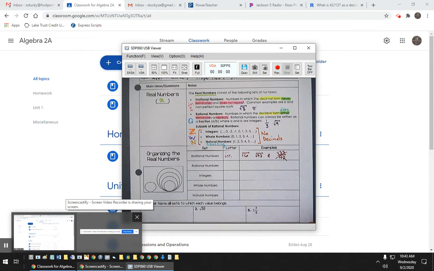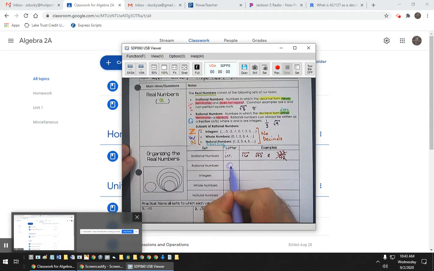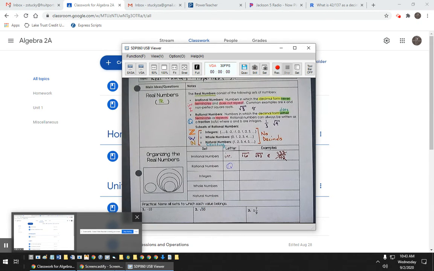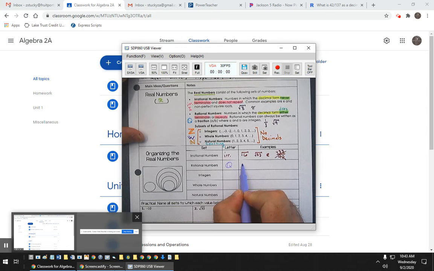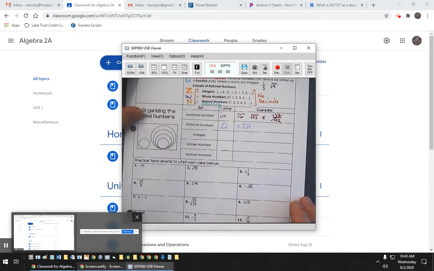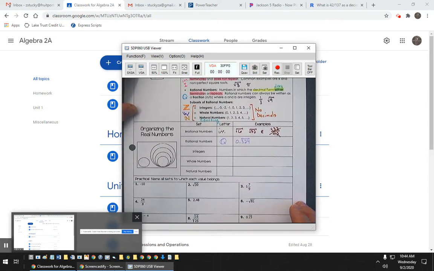Okay, so next, our symbol for rationals. That's the letter fancy Q. A rational number can be a fraction of two numbers, or it can be a decimal that stops or repeats. For instance, 0.324 with that repeating bar over it. Remember that from middle school? That's an example of a repeating decimal.